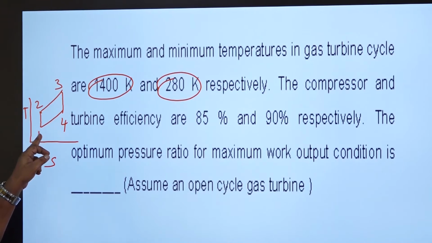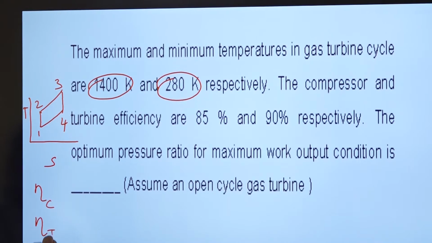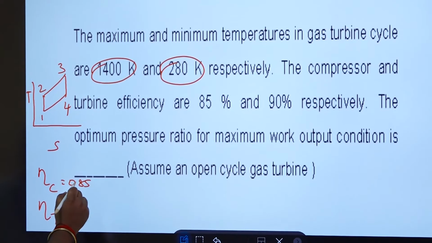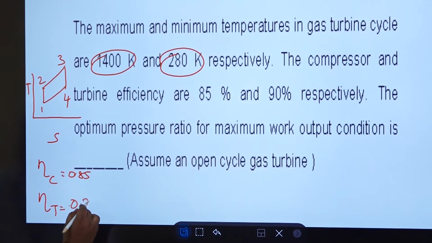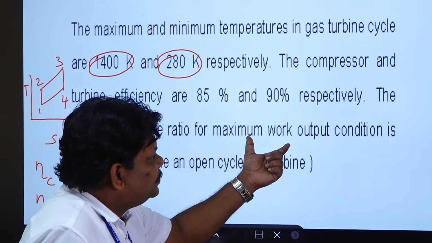The compressor and turbine efficiencies are given to you: eta_C is 0.85 for the compressor and eta_T is 0.9 for the turbine.